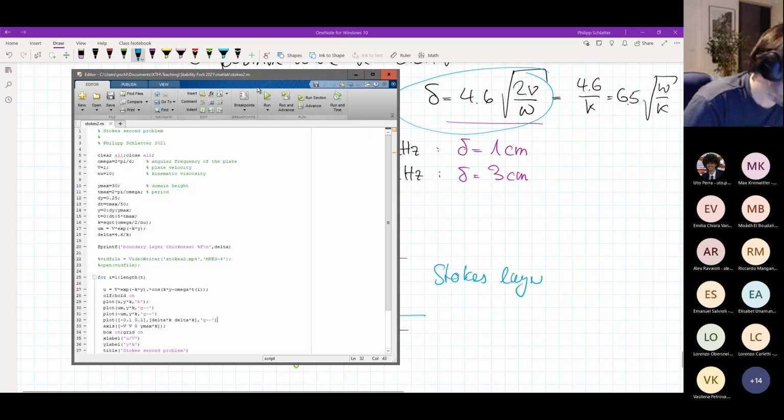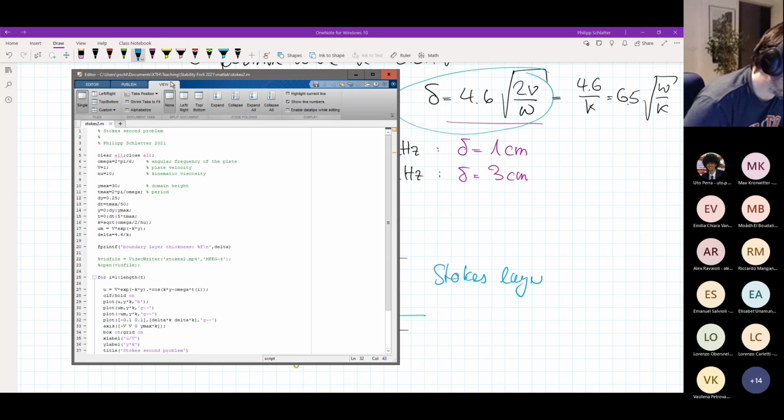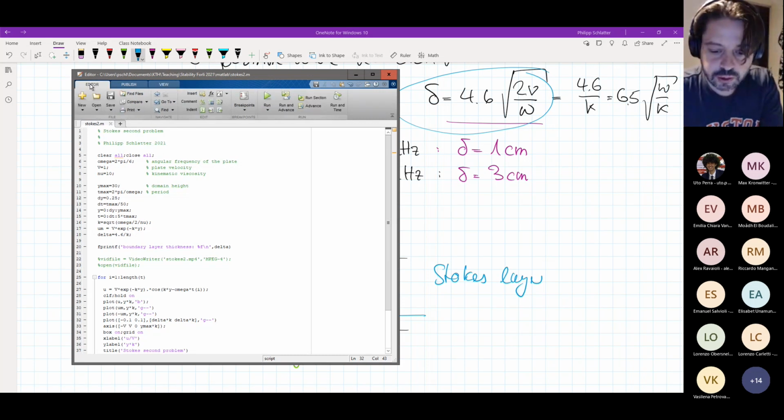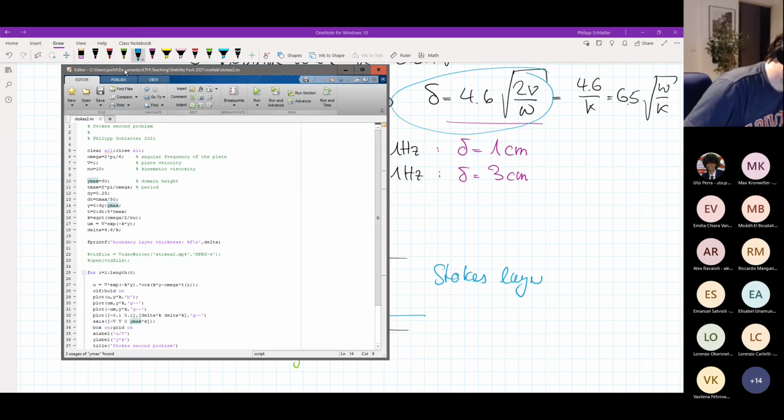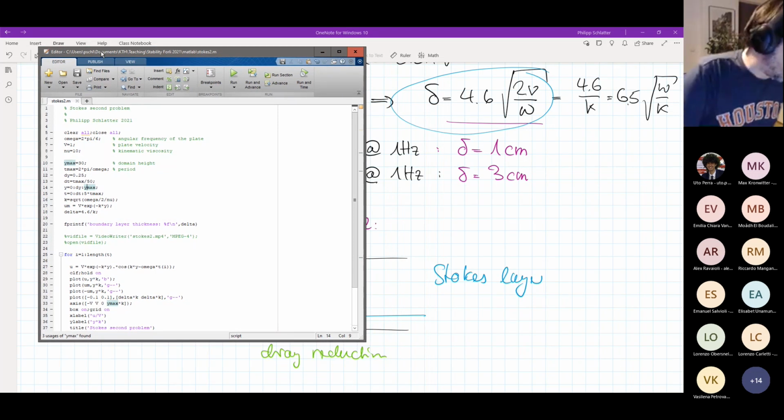Good. Okay. So this is a very simple code, and I hope I can make it a bit bigger. I think I need to press like this. Okay, I don't know how to make it bigger now, but that's maybe not such a big problem.